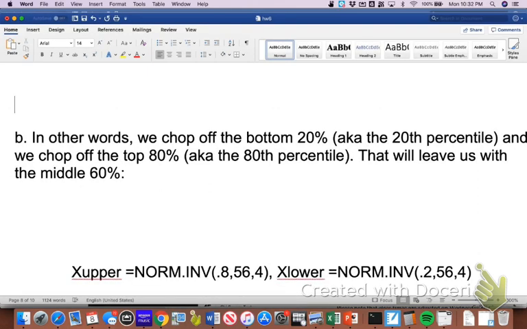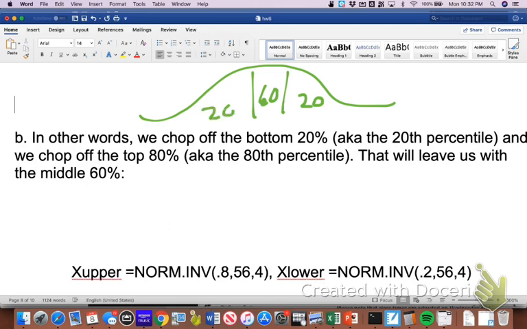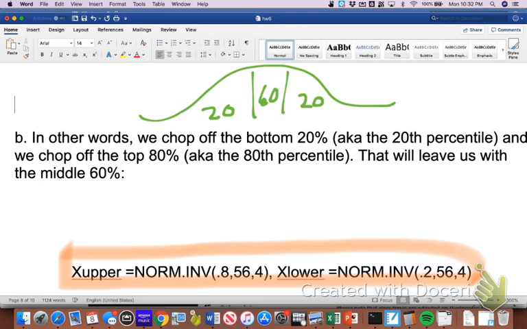Now, B could be a little bit tricky because we're looking for the middle 60%. If we have the middle 60%, that means we need to cut off 20% on either side. So we're going to type in kind of a twofer situation into Excel, something like this, because we need a section that's in between.